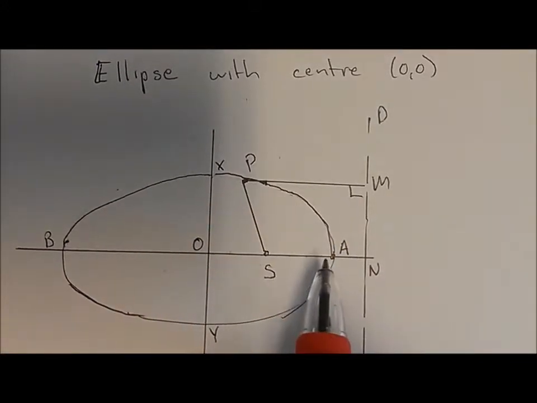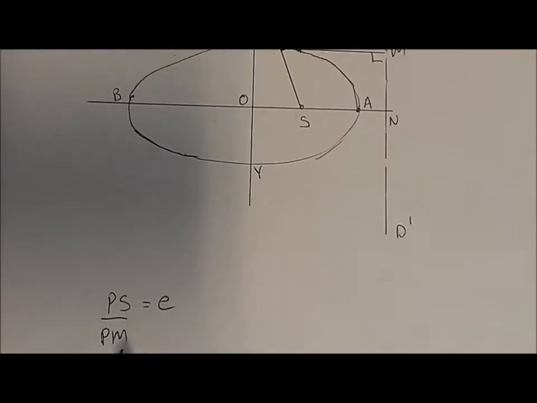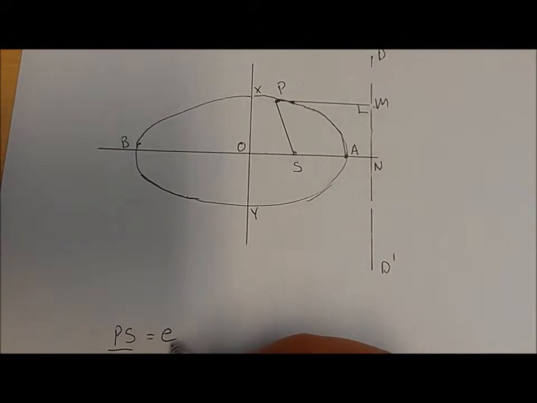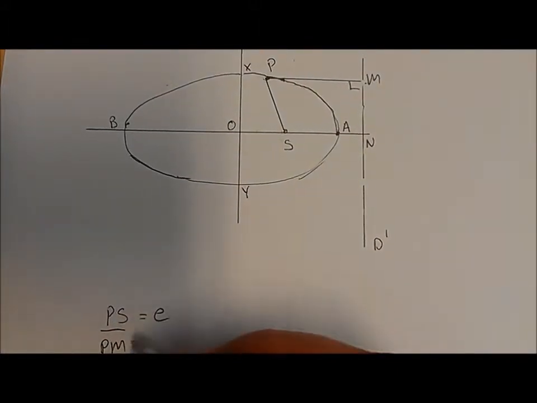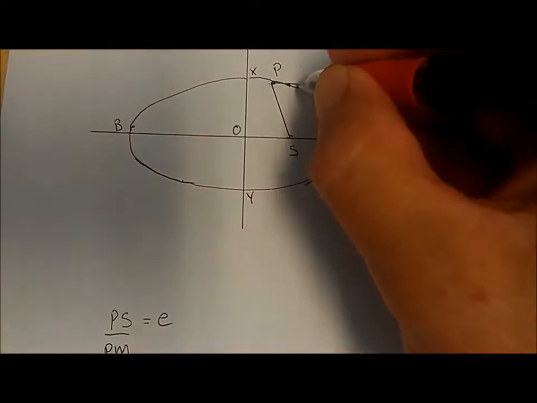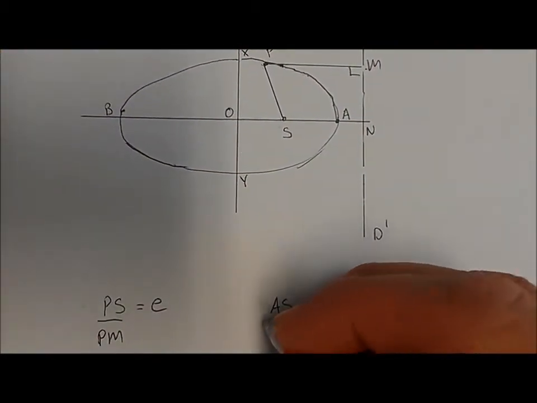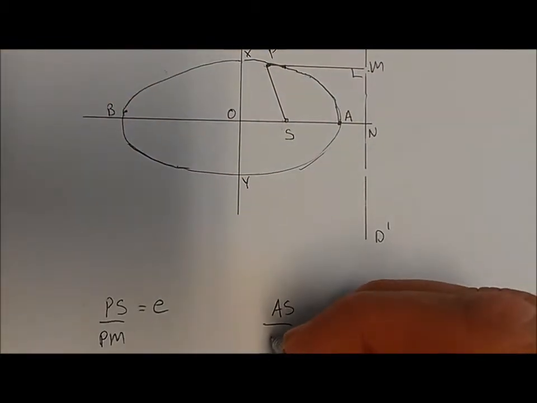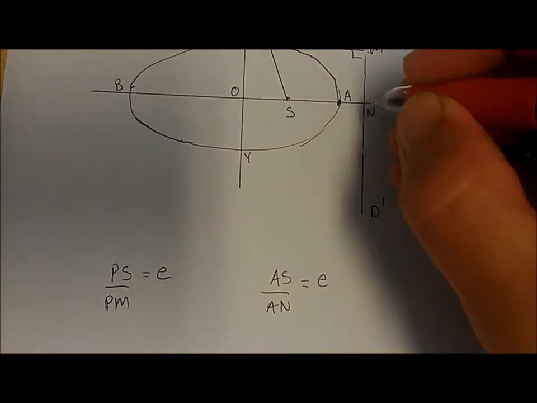Before I do that, I'm going to start with what we call the focus directrix definition that we've talked about in class. The fact that PS to PM as a ratio is E, where E is called the eccentricity. It's a constant. Now, given that that occurs for every point on the ellipse, that means that AS to AN must also equal E, because A is a point on the ellipse.